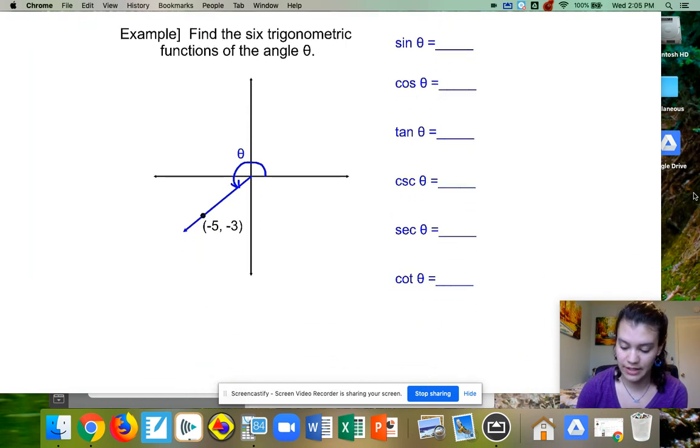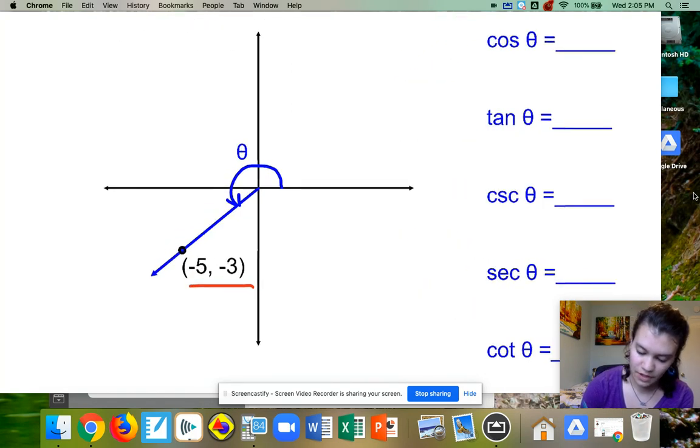So, an example. Here, we know we have the point -5, -3. Let me zoom in a bit. If I connect this here, we can make a nice 90-degree triangle.